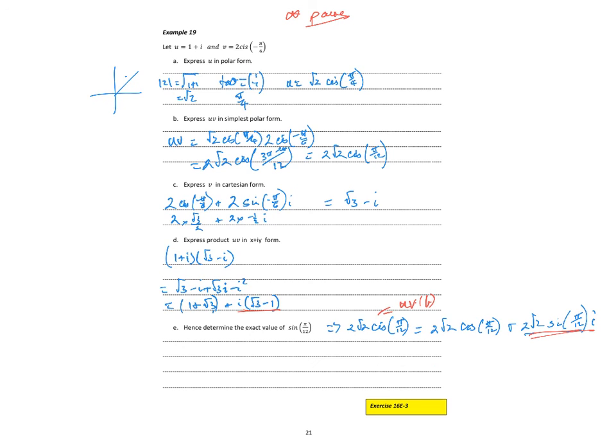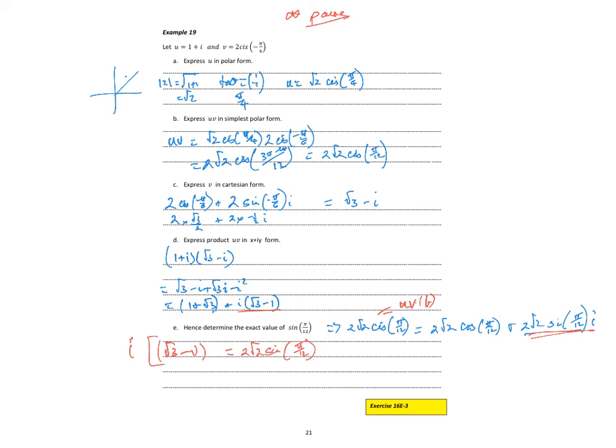So what does that mean? It means that if I compare the i components, root 3 minus 1 is equal to 2 root 2 sine pi on 12.